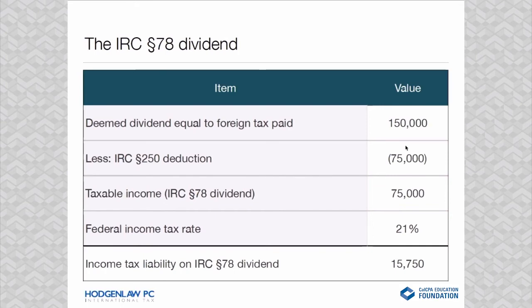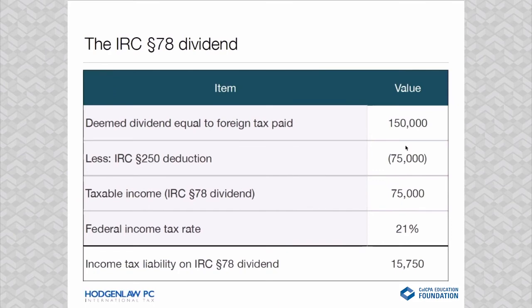And so the little myth that they build into the code is that the foreign company is deemed to have given you a dividend equal to the actual tax that the foreign company paid. And then you, the U.S. shareholder, we pretend that you use that money to pay the foreign company's tax. And so it grosses up your income by the amount of the foreign tax paid by the foreign corporation.